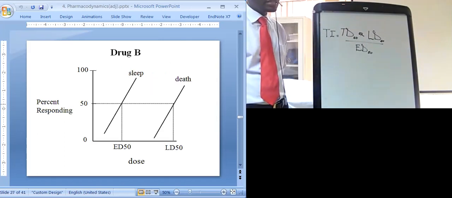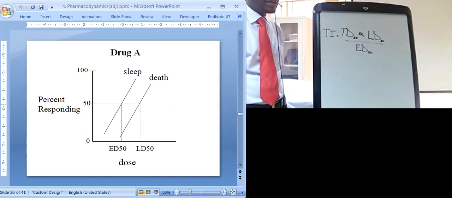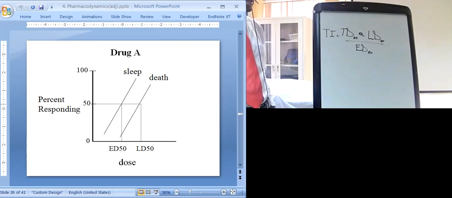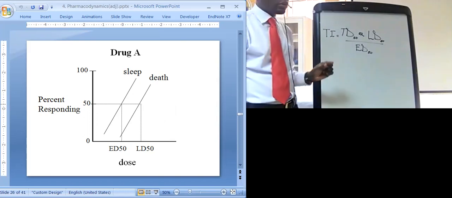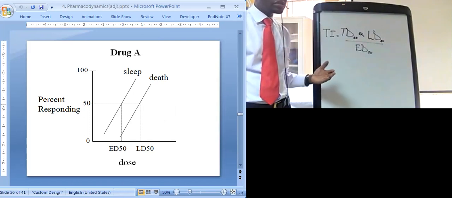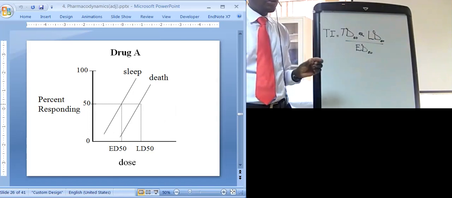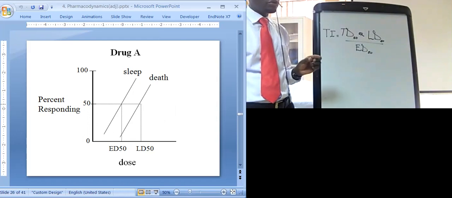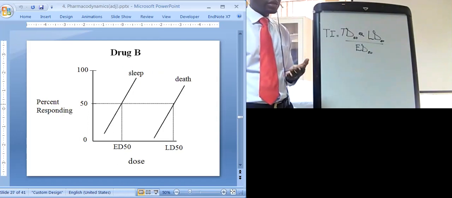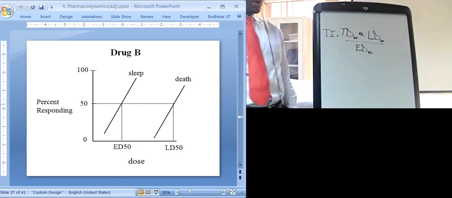With this drug A, you can see the therapeutic index is small. In other words, the difference between the effective dose and the lethal dose is small, compared to this one, where the space between the effective dose and the lethal dose is quite big.